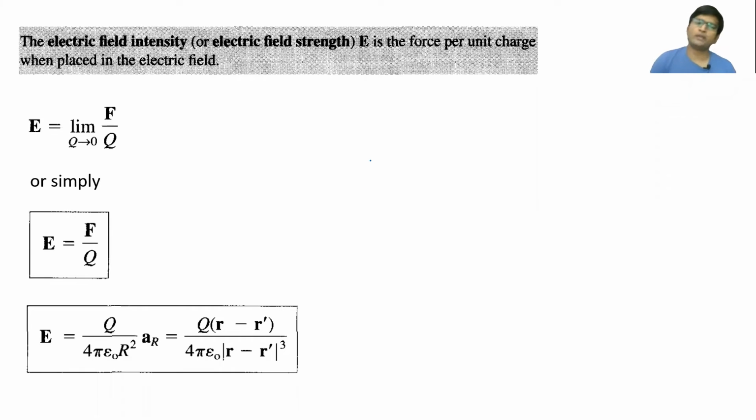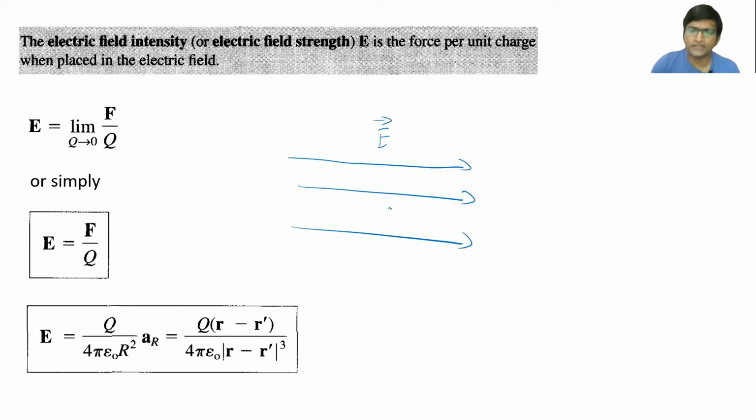Now talking about the electric field intensity, it can be defined as follows. If there is an electric field E in some place, and you put a charge Q in that particular field, suppose a force F is being experienced by that charge Q, right?